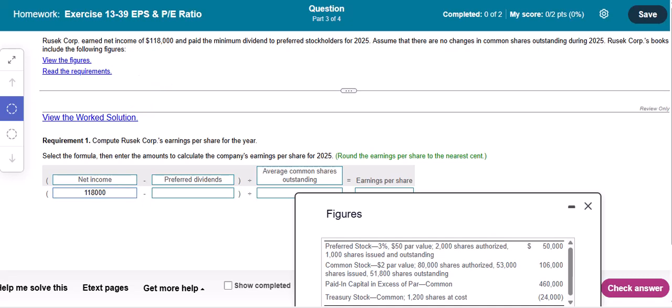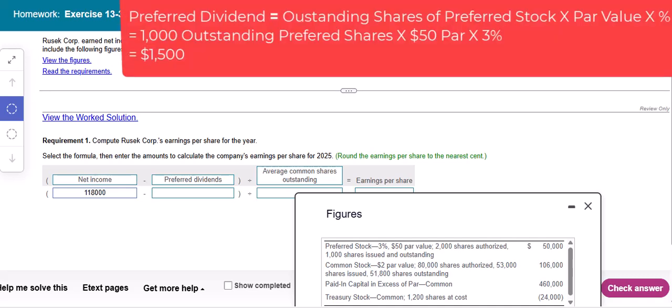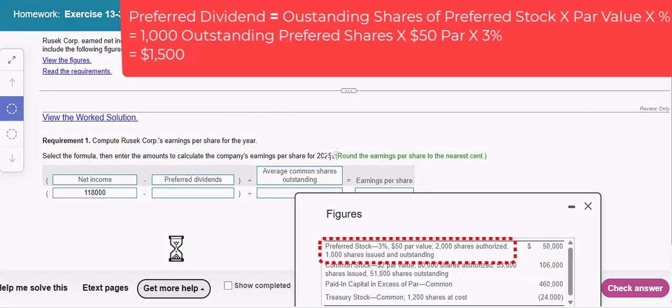And next we need to calculate our preferred dividends. So remember, the formula for preferred dividends is outstanding shares of preferred stock times the par value times the percentage. The outstanding shares is given to us here as 1,000. The par value is 50. And then the percentage is 3%. So we'll go ahead and get our calculator open here at the bottom.